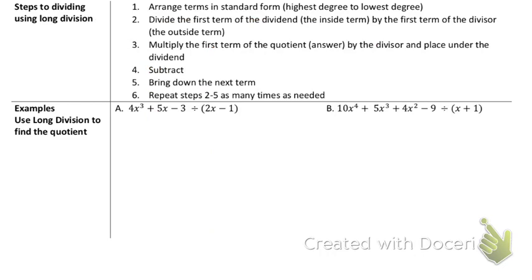Okay, let's do an example here. We are going to divide 4x to the third plus 5x minus 3 divided by 2x minus 1. A couple important things here. There are certain names for these guys. So we have what is called the divisor and the dividend.